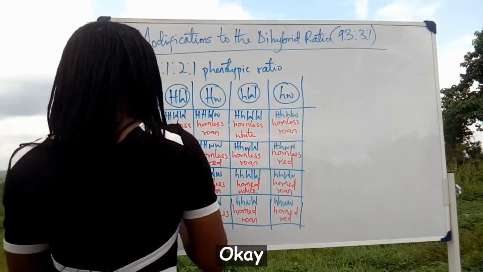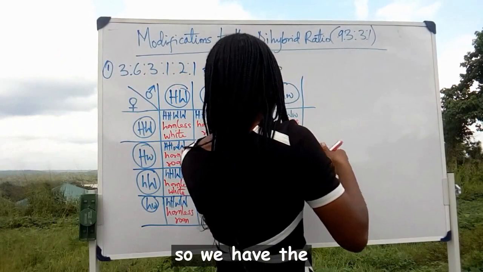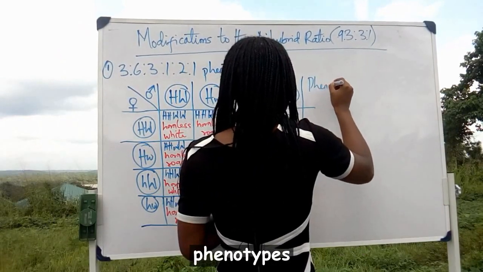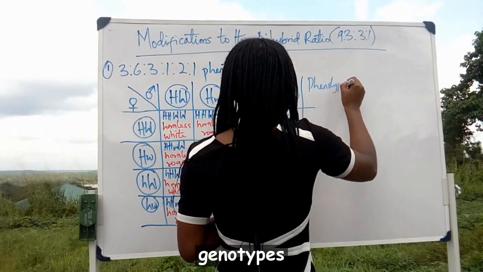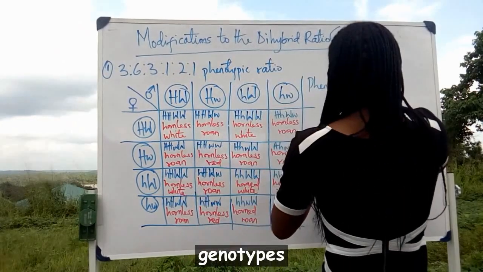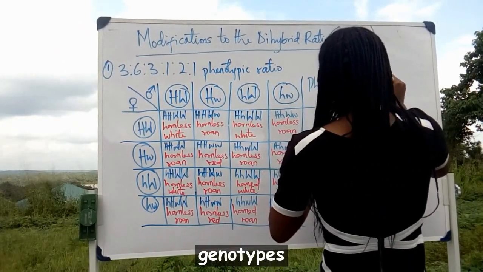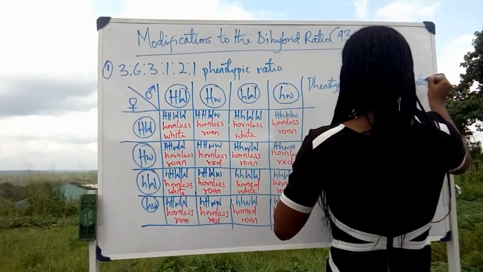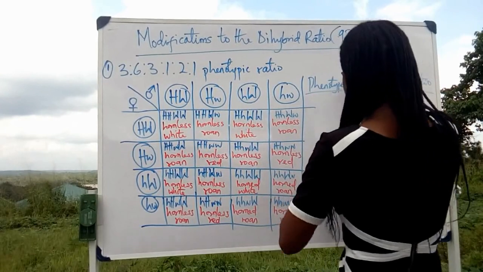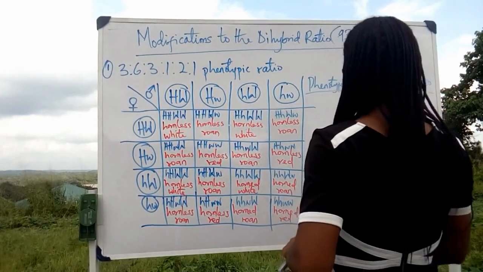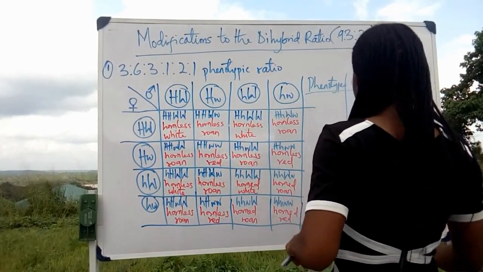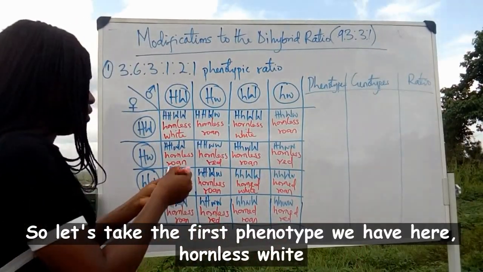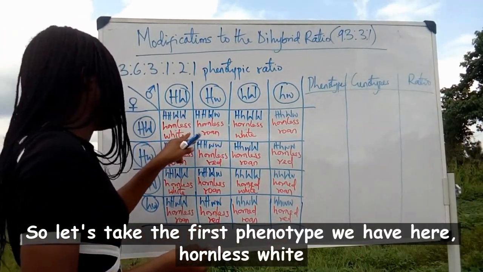Okay, so we have the phenotypes, the genotypes, and their ratios. So let's take the first phenotype we have here, hornless white.